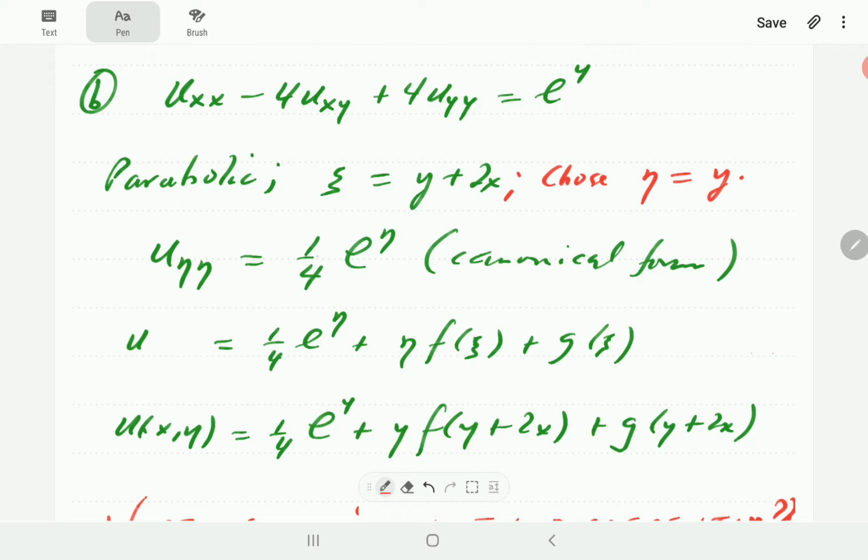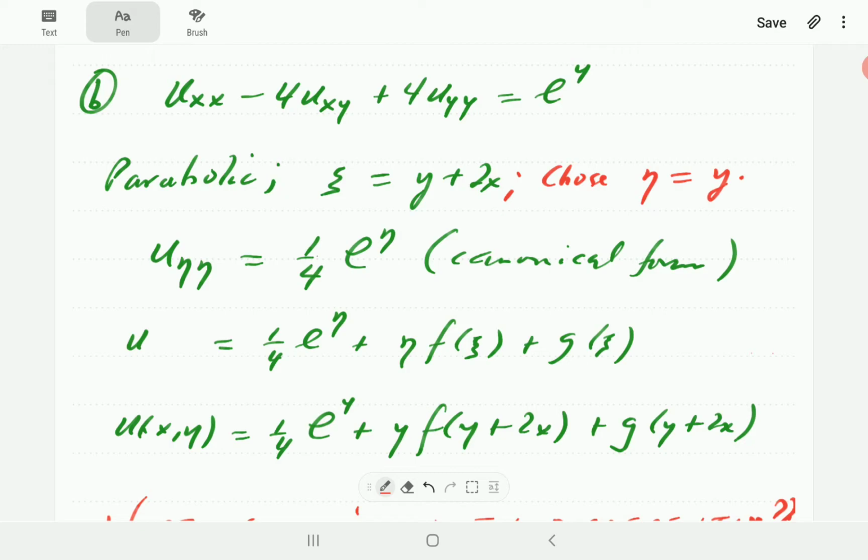So if it's parabolic, we could only derive one canonical variable from the characteristic equations, y plus 2x. The other one, we said we are free to choose, so long as our choice gives a non-vanishing Jacobian.